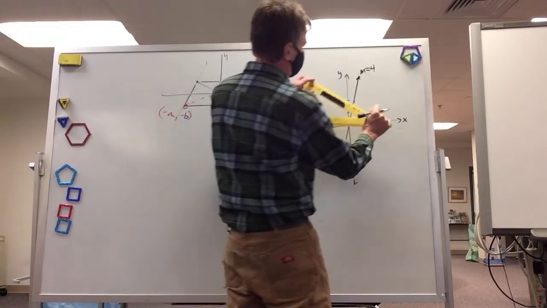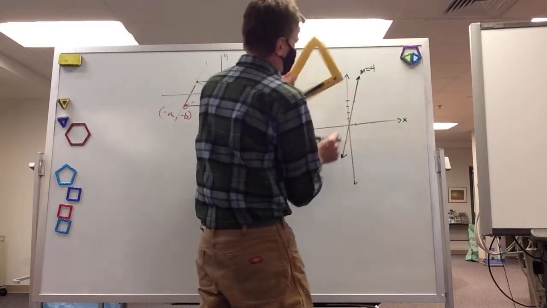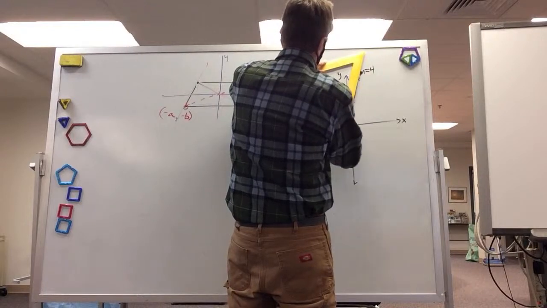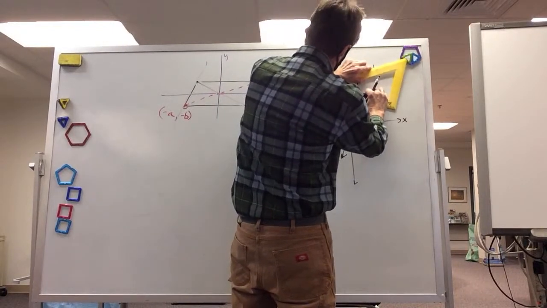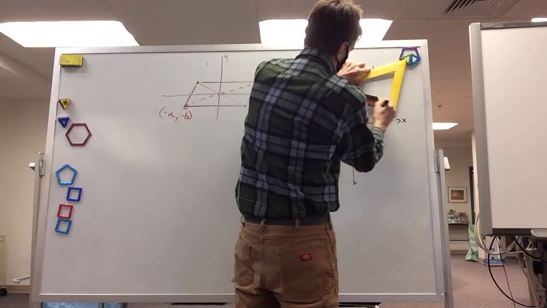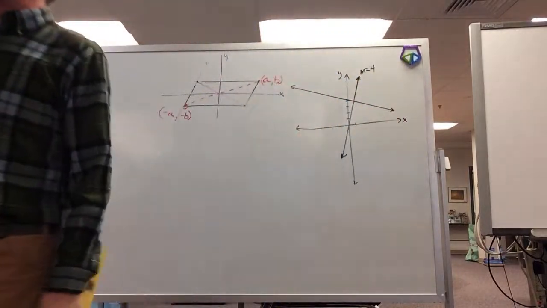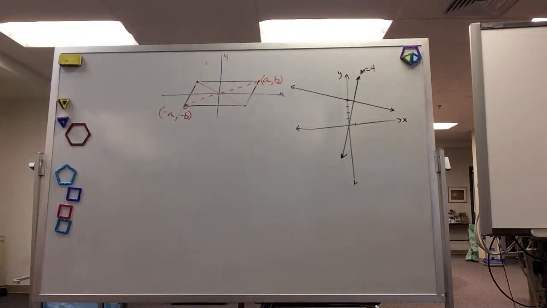So now all you have to do is just sketch in a line that crosses at a 90-degree angle and count it up and take a look at what the slope is.